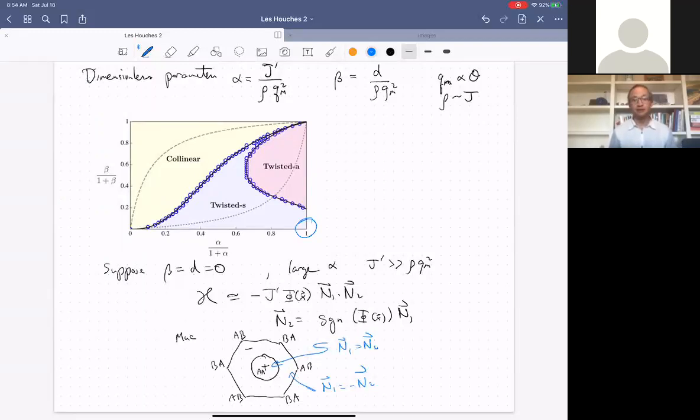So clearly, to get from one to the other, the spins have to rotate. In the strong coupling limit, they rotate in a very narrow region around this boundary where the function phi changes sign.